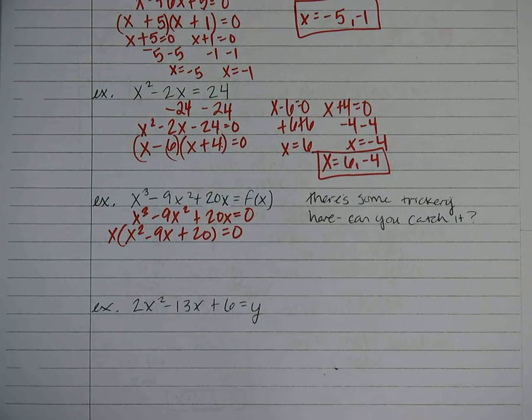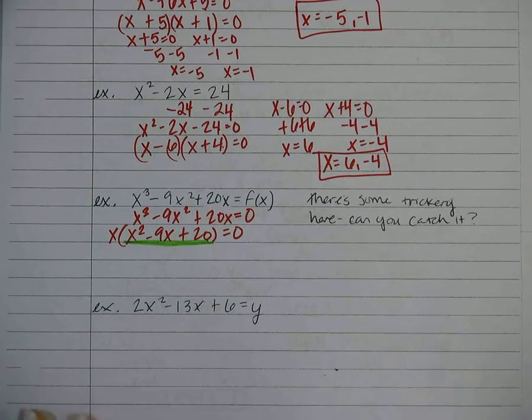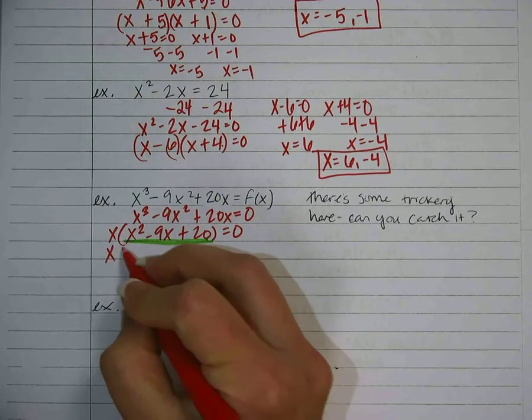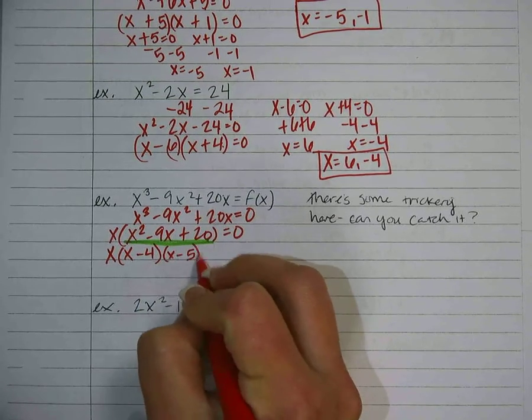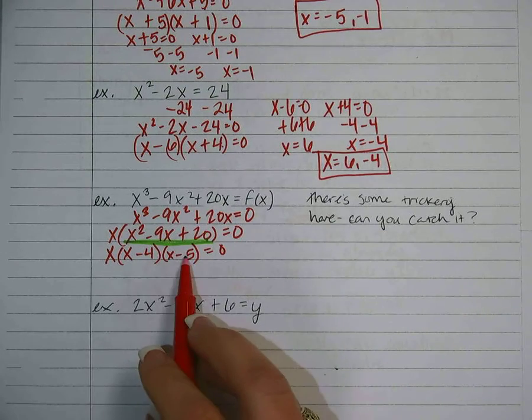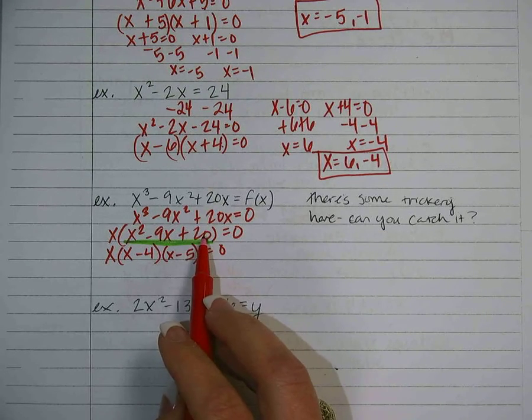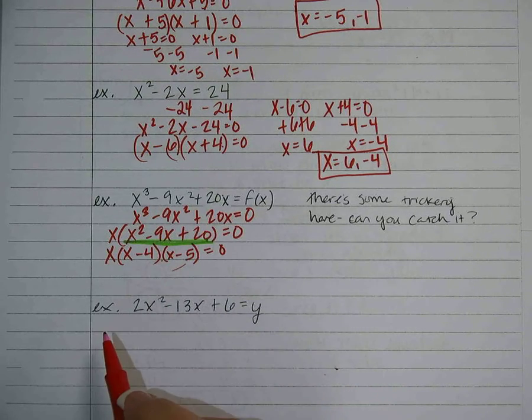Now I'm at a point that I can factor what's left. Factors this way because -4 times -5 equals +20, and -4x minus 5x equals -9x.